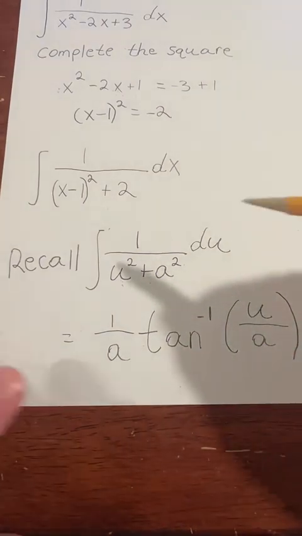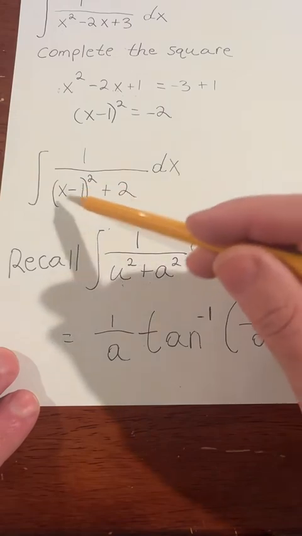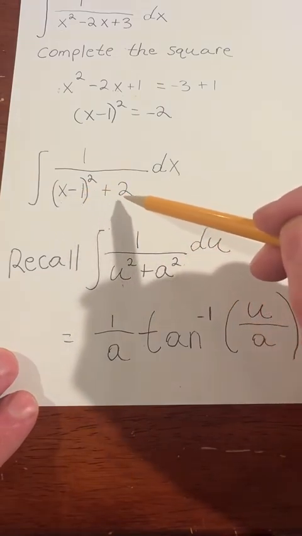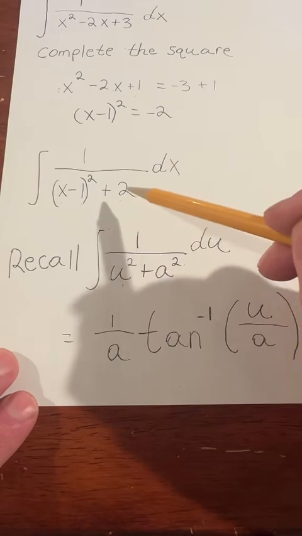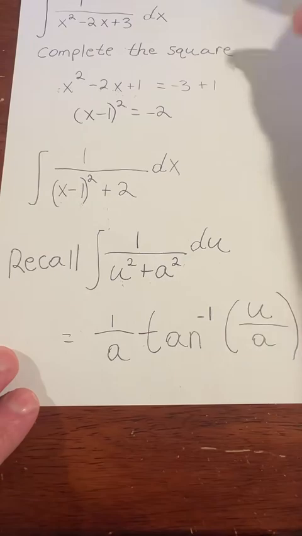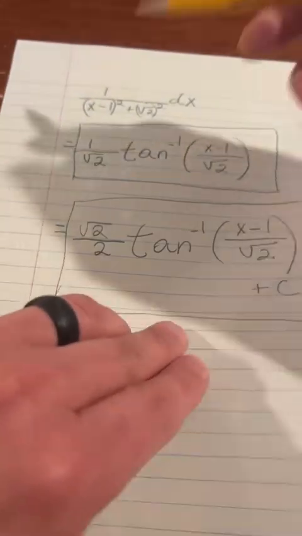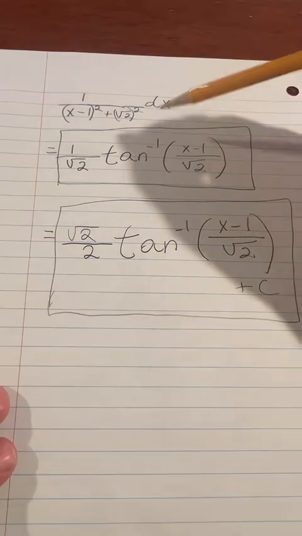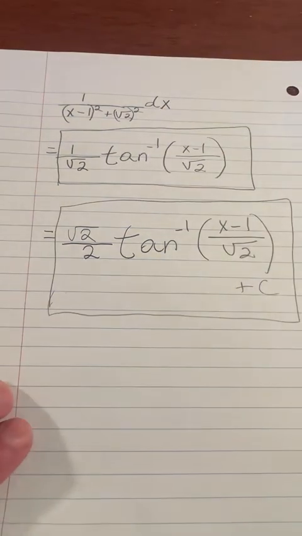But we have 1 over x minus 1 squared plus 2, and 2 is just the square root of 2 squared. So we have 1 over x minus 1 squared plus the square root of 2 squared. That is in the form of the integral of 1 over u squared plus a squared, where a is the square root of 2.